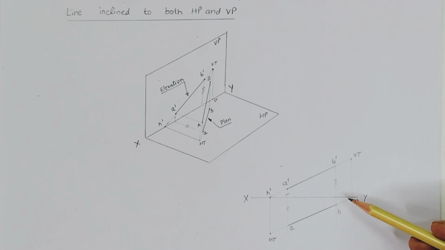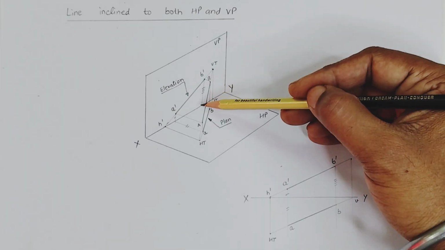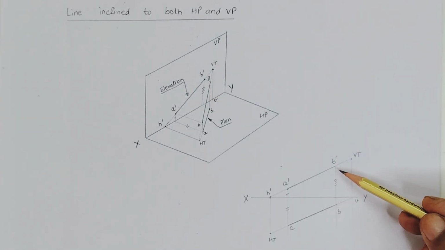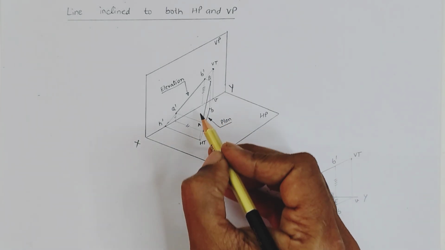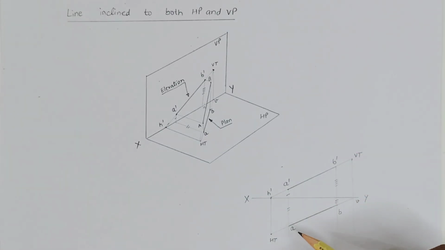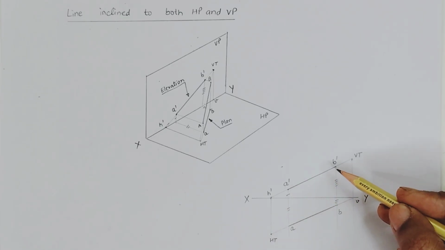On the other projector line is B double dash, B dash and B, which is the projector line for point B. Here is the distance of B dash above XY, and similarly the distance of B in front of VP. So this is the top view. AB is the top view of the line and A dash B dash is the front view of the line.